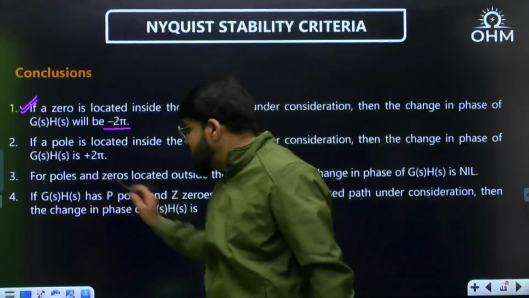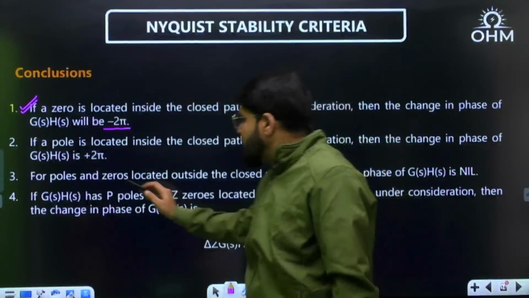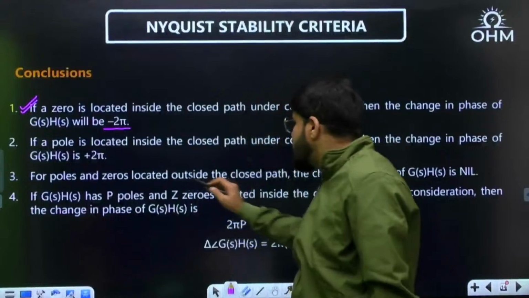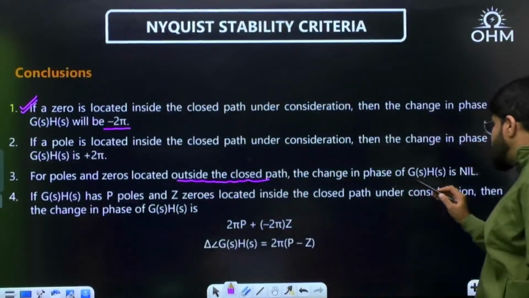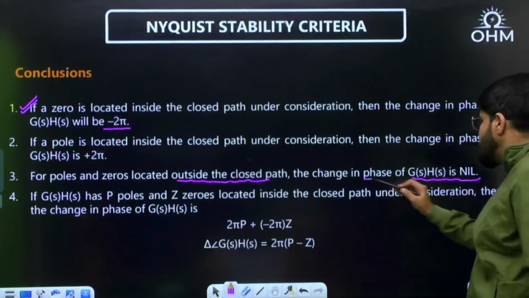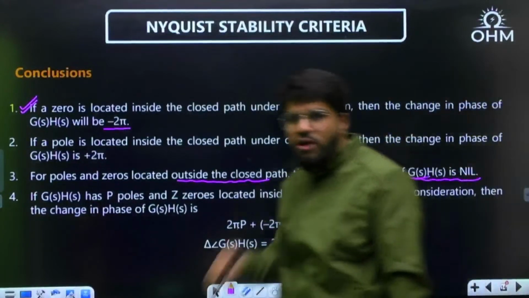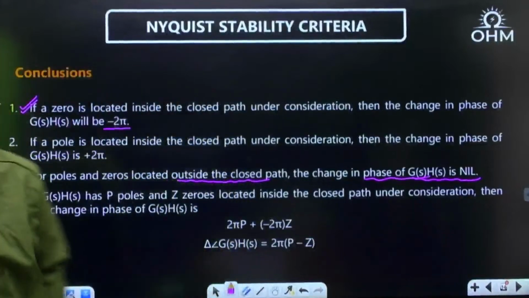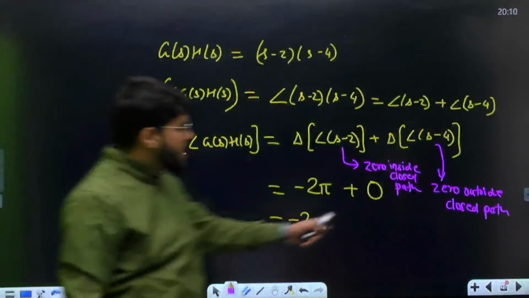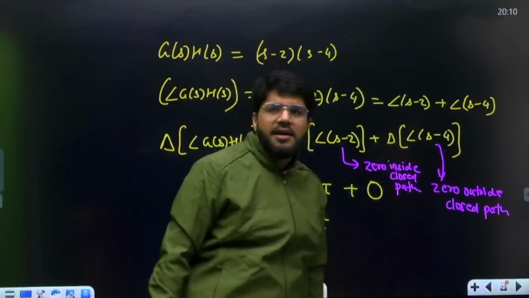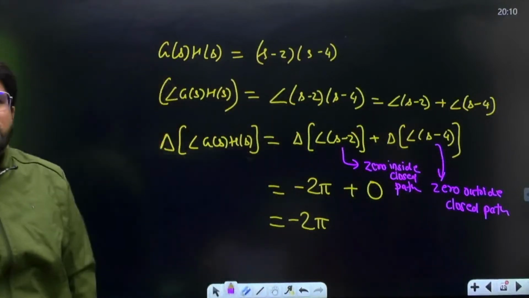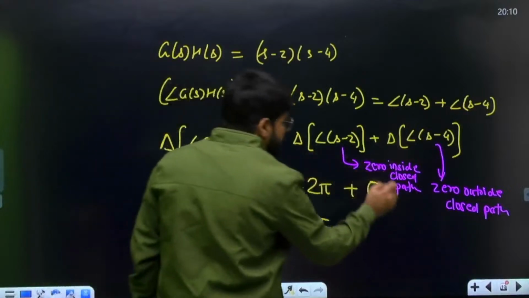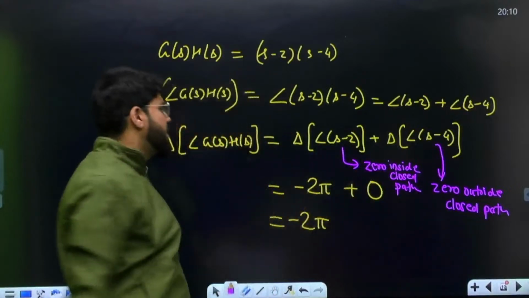But if a 0 is located outside the closed path, the change in phase of G(s)H(s) is nil. What we obtained is 0. For a 0 which is inside, the change in phase was noted as minus 2 pi.